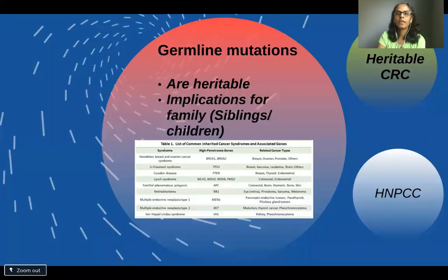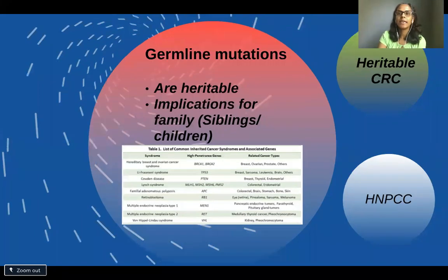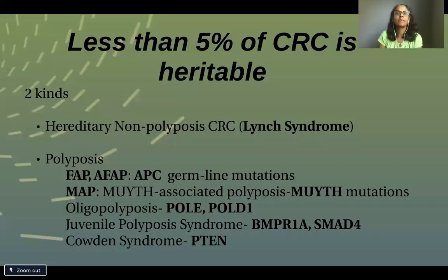Heritable CRC, that means colorectal cancer because of inherited mutations, is less than about 5% of the total CRC. There are 2 kinds. One is known as hereditary non-polyposis CRC, and that includes Lynch syndrome, which we're all familiar with.